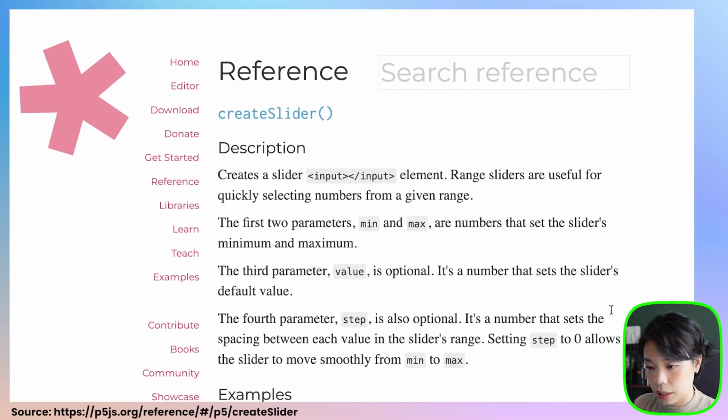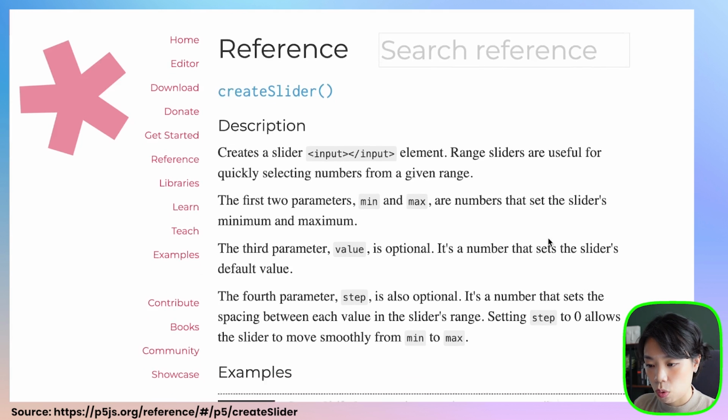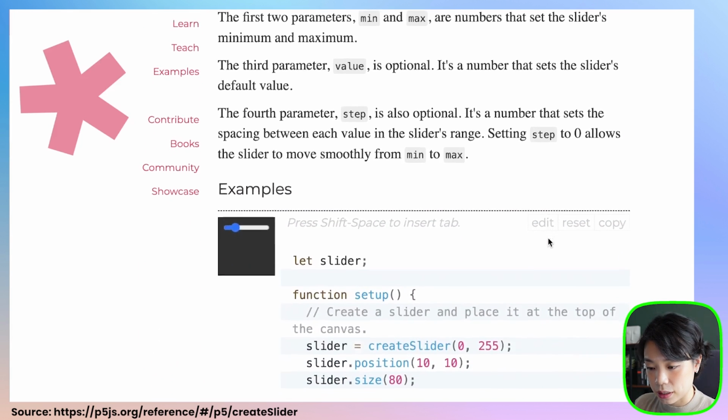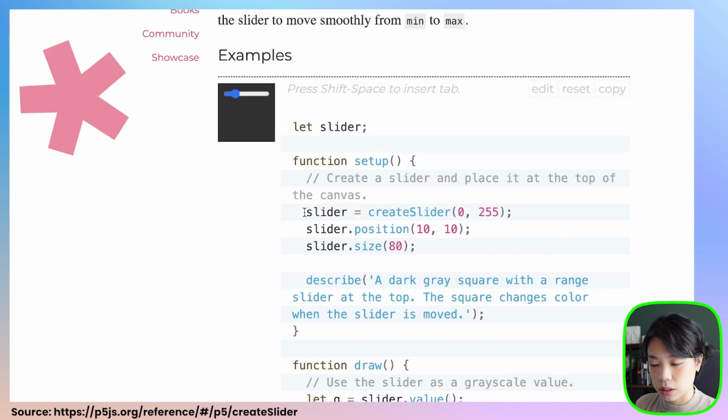And I want to show you a way to do that using a graphical user interface, specifically sliders and a button. So if you come to this reference page here, p5.js has a built-in function called createSlider where we can create a slider. And basically within the setup function, we need to declare 3 things. First, we need to create a slider, right?